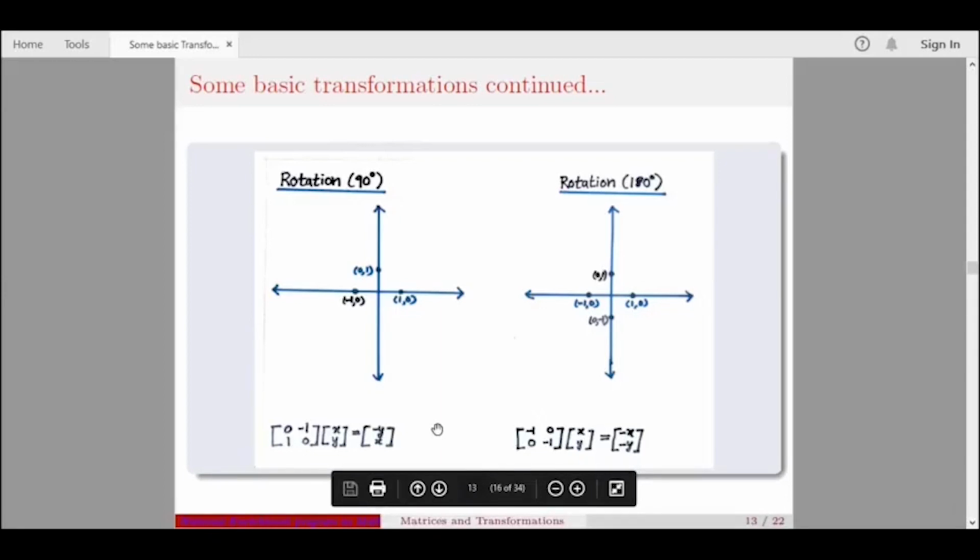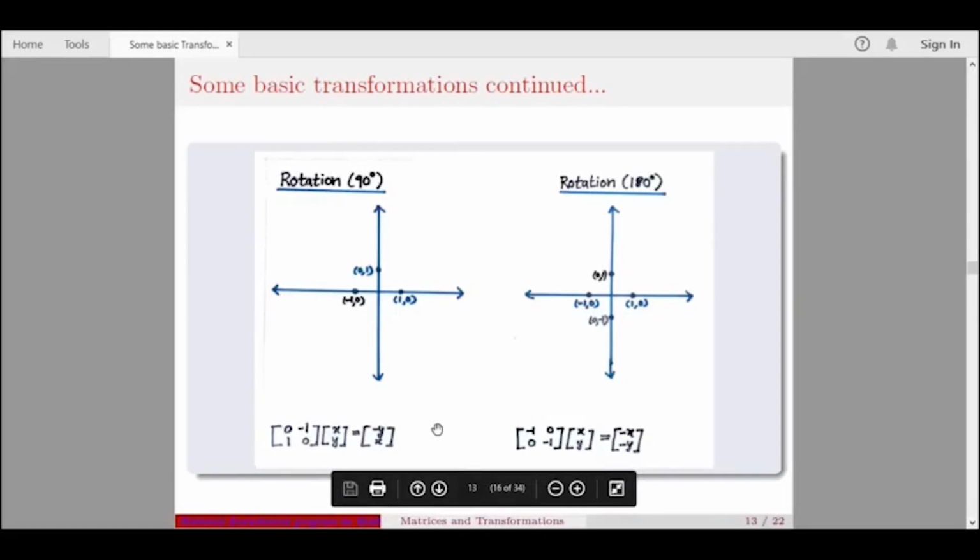Now we will see a rotation of 180 degrees. We will see its effects on the points (1, 0) and (0, 1). If (1, 0) is rotated 180 degrees anti-clockwise, this is 90 and then it goes on increasing, so we arrive at the point (-1, 0). I have written it as the first column (-1, 0). Now when I rotate the point (0, 1) anti-clockwise through 180 degrees, I arrive at the point (0, -1).